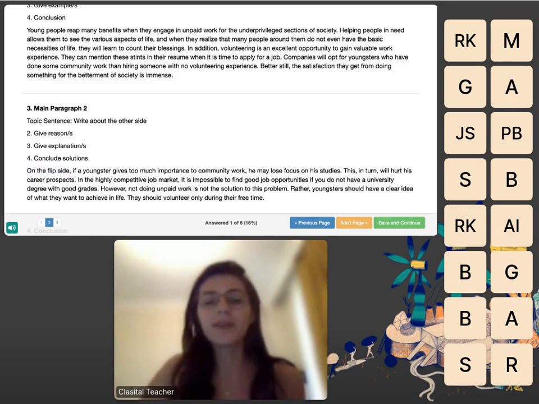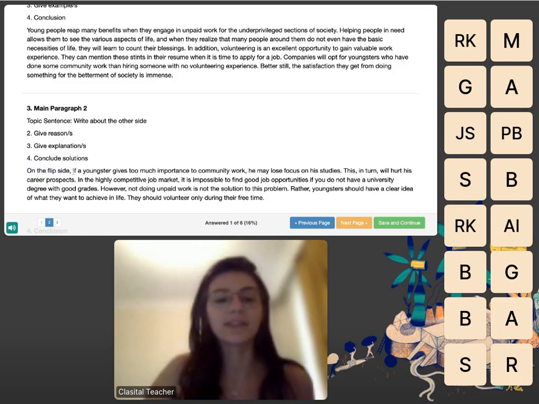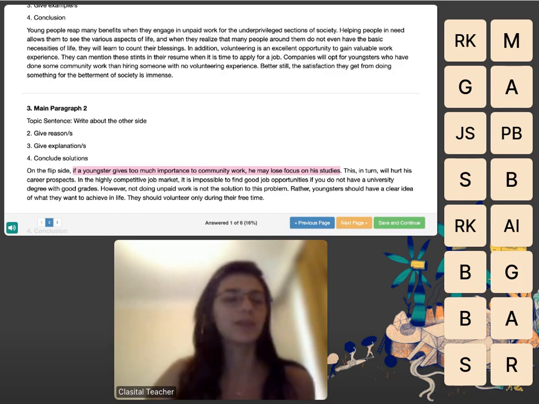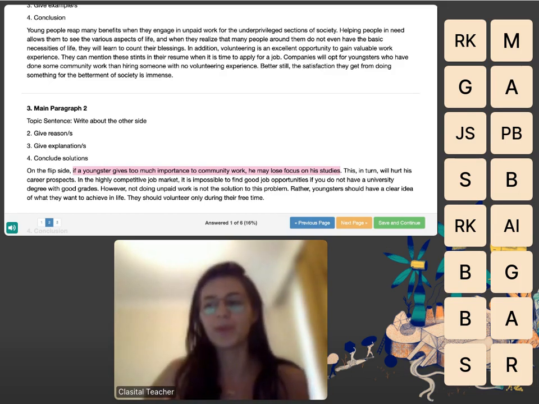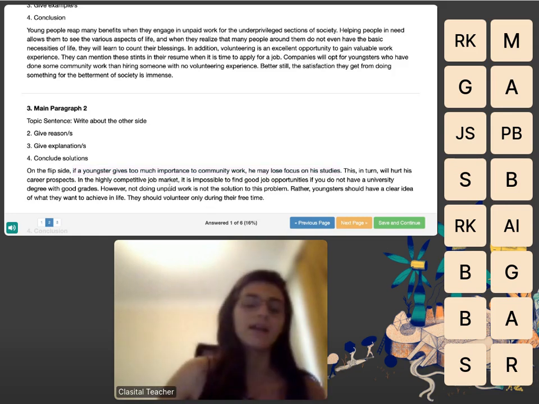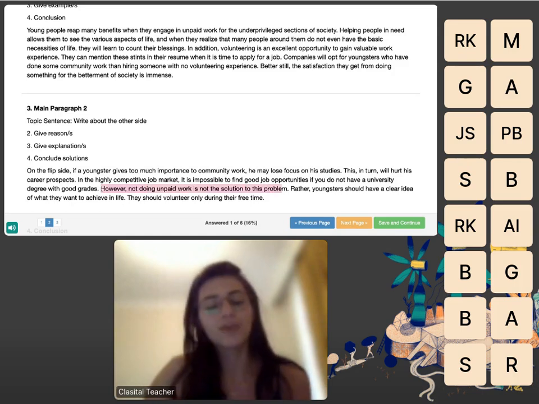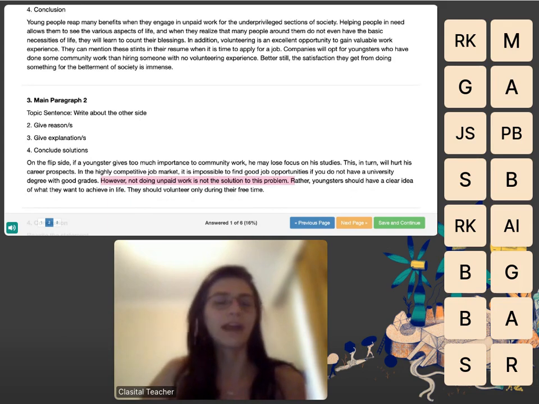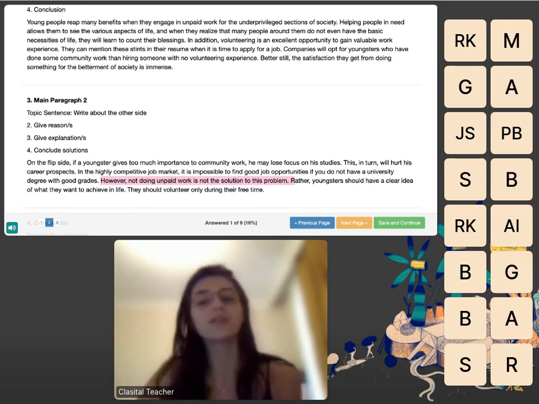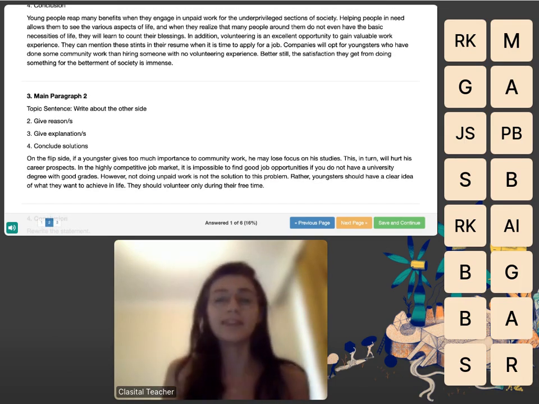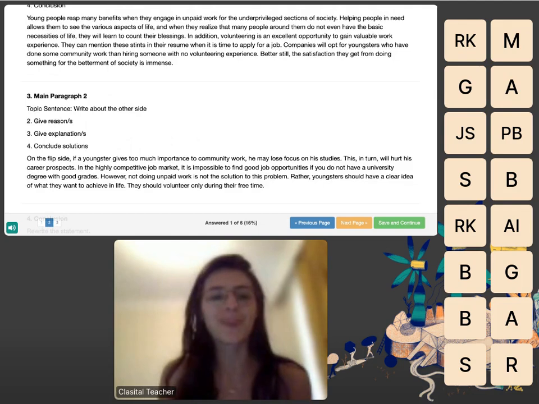This is a really good paragraph because again, it gives specific examples like here, and it explains and supports in good detail why this can be a disadvantage for those people. It also says not doing the unpaid work is a problem because they need to gain experience. So they should only volunteer in their free time. It provides a clear stance and sticks with it, as you can see.